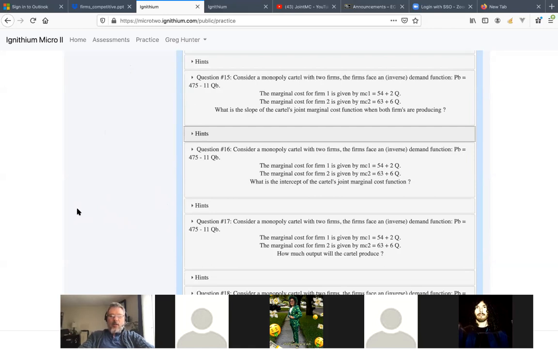Can someone justify the answer to number 15? And what I mean by that is show the calculation. And if you can, go ahead and raise your hand.